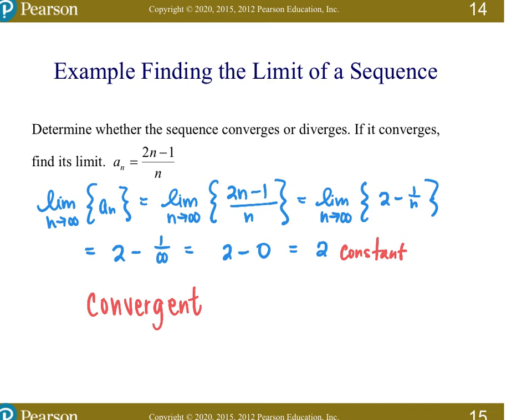What that means is that the terms will converge to the number 2. They may not ever actually get there, but they will converge towards the number 2. So the farther out towards infinity we get, the result will start to look, more or less, like 2 every single time. So this is a convergent sequence.